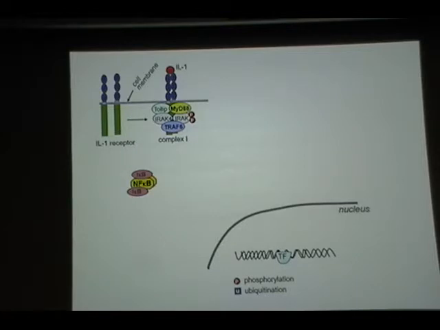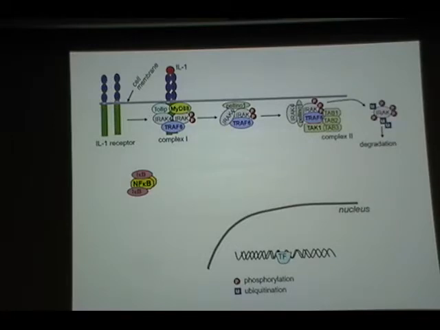So this is called complex 1. And then once complex 1 forms, the receptor will disappear. So you only have the complex left on the cell membrane. And then further recruitment of other proteins induces the phosphorylation of a key kinase called IRAK. This is a protein kinase, and it induces the degradation of IRAK, and then it forms complex 2.